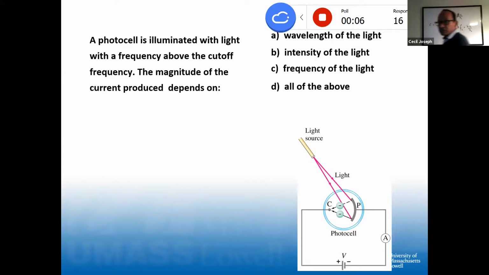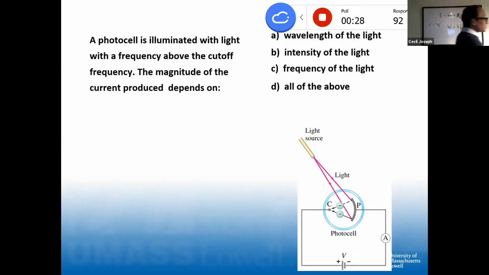So in this question, you're saying a photocell is illuminated with light with a frequency above the cutoff frequency. So obviously, electrons will be ejected. In order to answer this question, what you have to remember is current. What is current? It is charge per unit time.